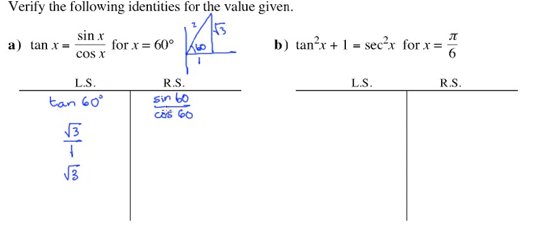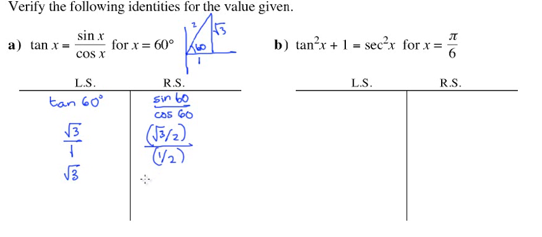Let's see if the right side comes out the same way. The sine of 60 is opposite over hypotenuse, which is root 3 over 2. The cosine of 60 is adjacent over hypotenuse, so it's 1 over 2. Now, this is a division right now, a fraction divided by another fraction.